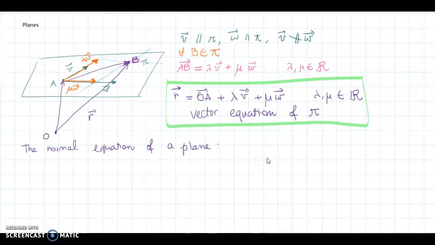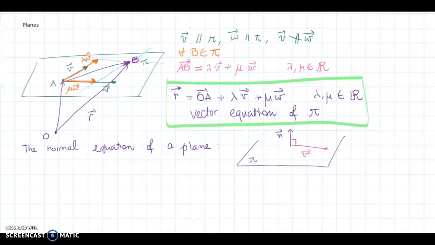You can also use a normal vector to write the equation of a plane. So let's say we have our plane pi over here, and let's say we have a vector n, which is normal to the plane. Being normal to the plane means that it's normal to any vector of the plane. So any vector v parallel to the plane that I consider is perpendicular to n here.